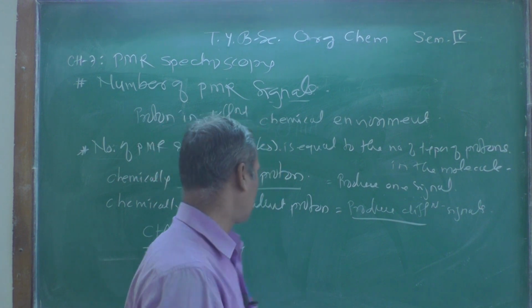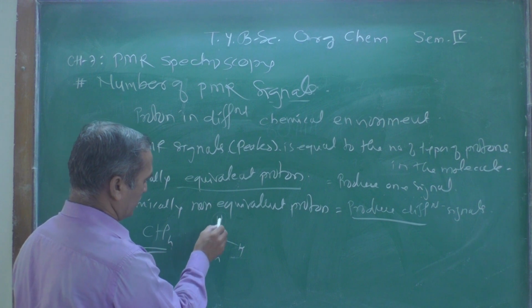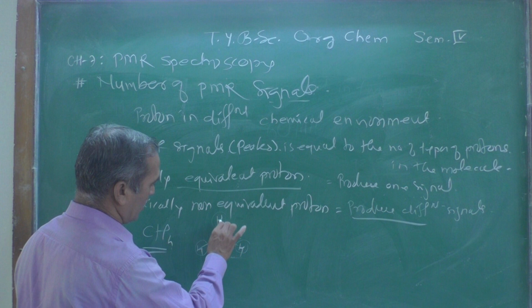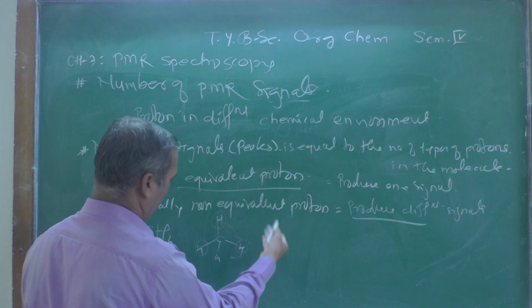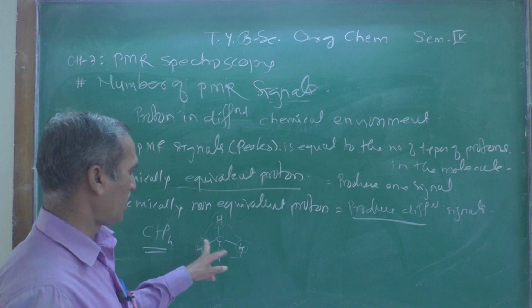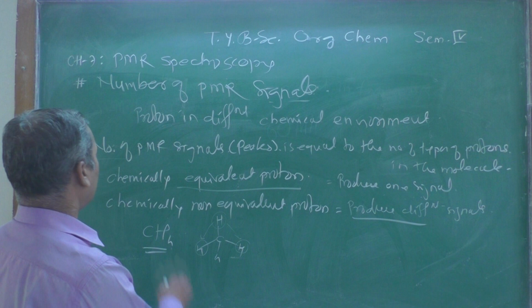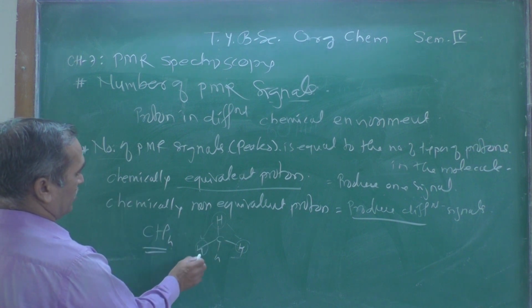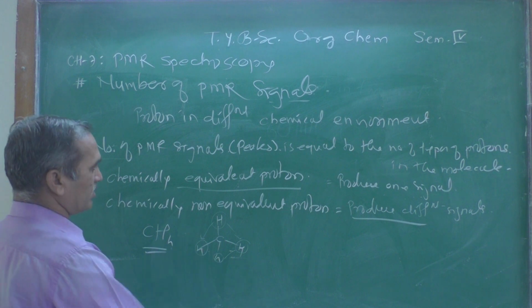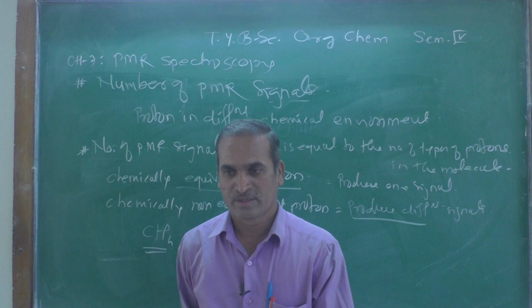Now let us see here, this is a proton. There are two neighbors on the right hand side, and on the left hand side there are two protons and they are identical. Therefore, everywhere you see, all are the same, which means they are chemically equivalent protons.